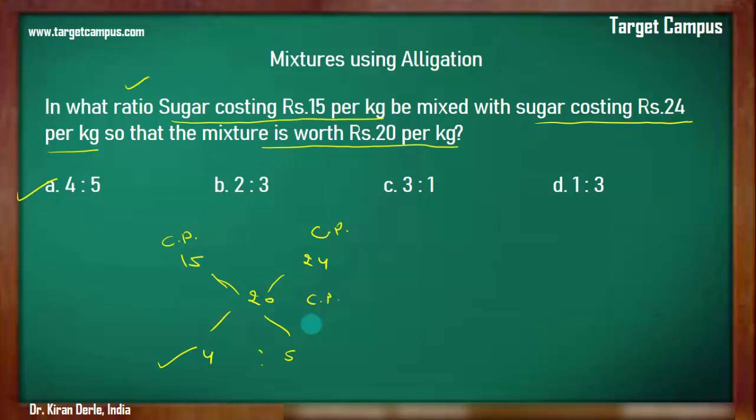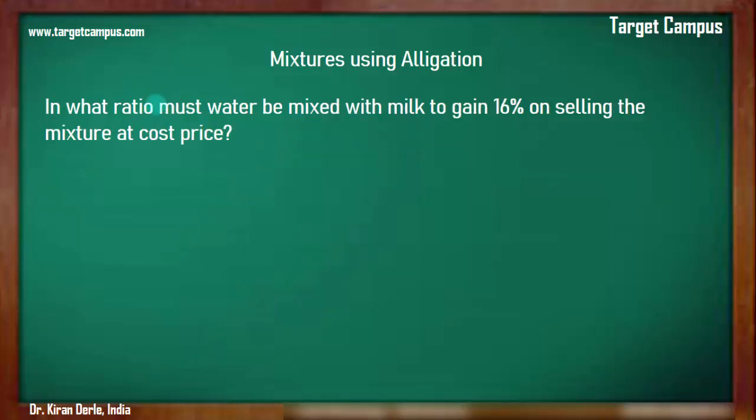Okay, so the next one: in what ratio must water be mixed with milk to gain 16% on selling the mixture at cost price? Now this is a quite confusing, quite tricky question to understand. So what is the cost price?